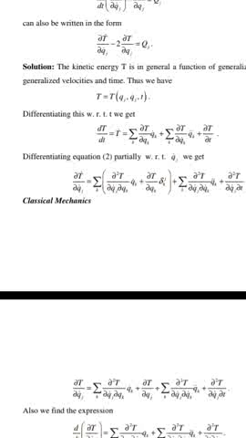Differentiating this with respect to t, therefore dT/dt is equal to Ṫ is equal to the summation of ∂T/∂qk q̇k plus ∂T/∂q̇k q̈k plus ∂T/∂t, and differentiating this we get ∂Ṫ/∂q̇j, and this is equal to ∂T/∂qj plus d/dt of ∂T/∂q̇j.